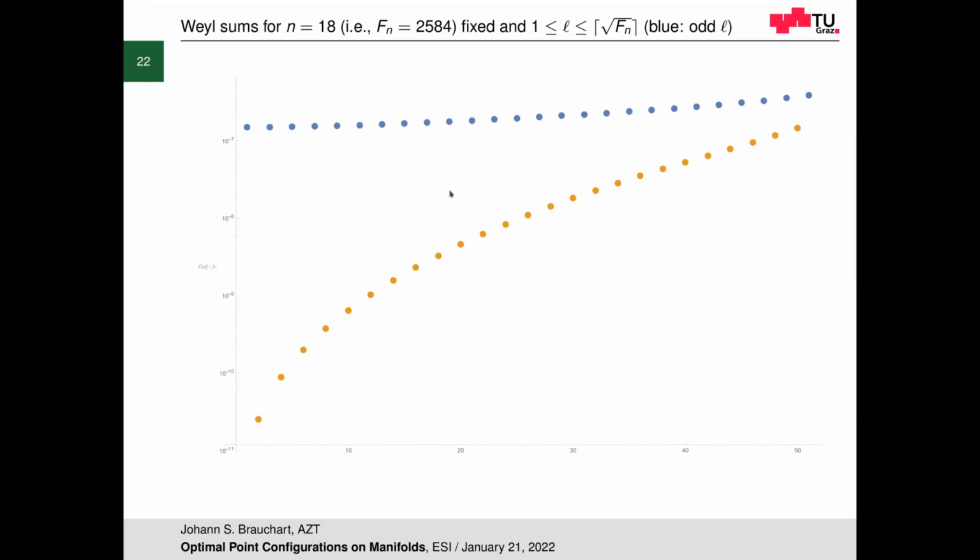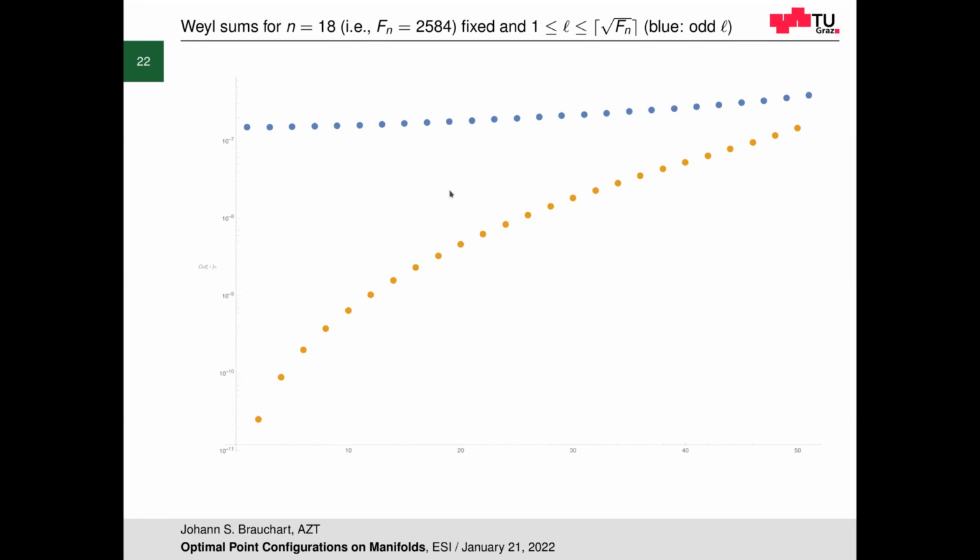So you could maybe think that these spherical Fibonacci lattice points try to simulate spherical designs, because we know that up to degree square root of n, spherical designs give you 0 for the Weyl sums, and starting from there, you get non-zero values.